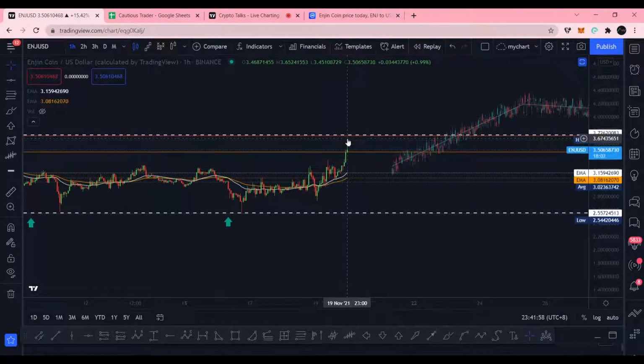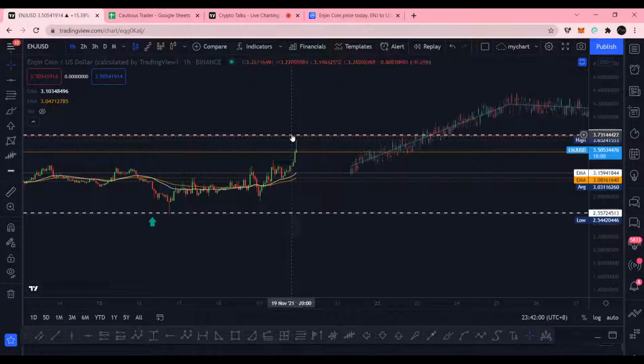There's a selling pressure. That's why it's creating a wick. Though I will wait for that 1 hour to at least close. But since there is a golden cross here at around $3, I think, at $3 my possible entry will be long, of course.